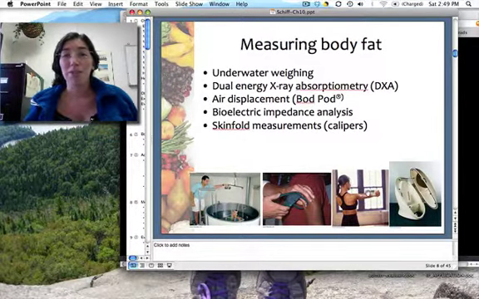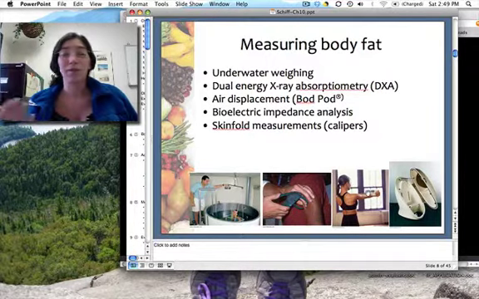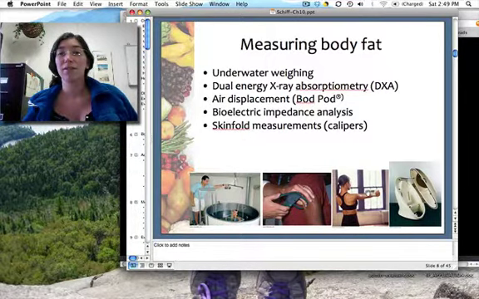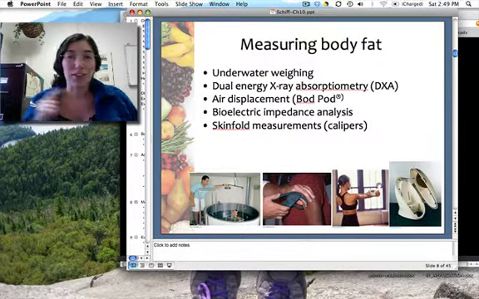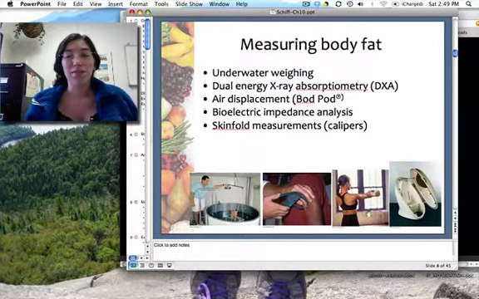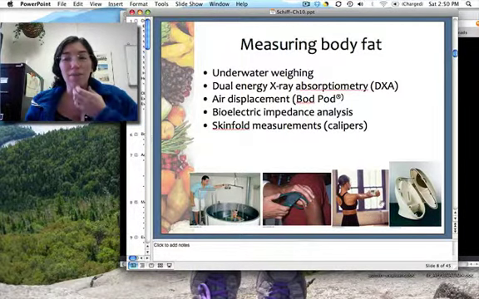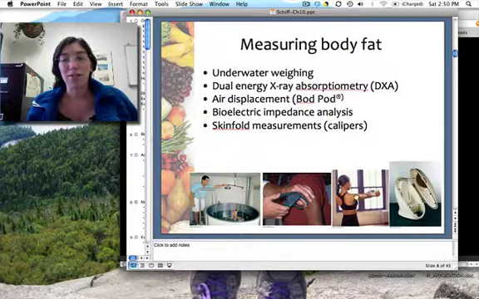So which type of tissue has more water, fat or lean muscle? Lean muscle has more water, right? So the more lean muscle you have, the more water you have, the faster that bioelectric impulse travels. So these machines are fairly accurate. You can also purchase them, like this one that this woman is holding.